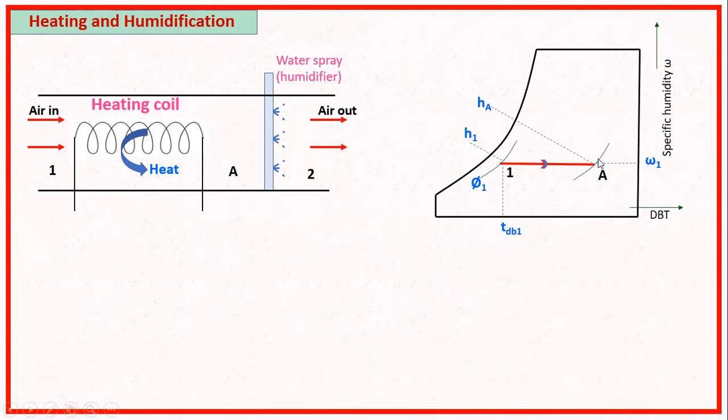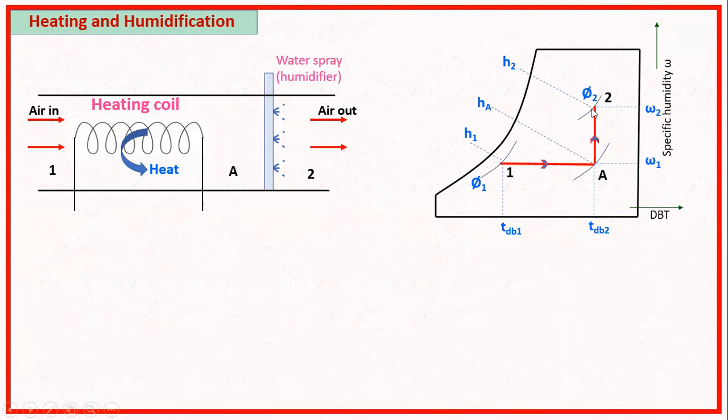Then it is humidified. Humidified means keeping the dry bulb temperature constant, only the water particles will be sprayed over the hot air. So once the water particles are sprayed, these water particles take the heat from the air and get evaporated. So this evaporated water mixes with the dry air and increases the humidity of the air.